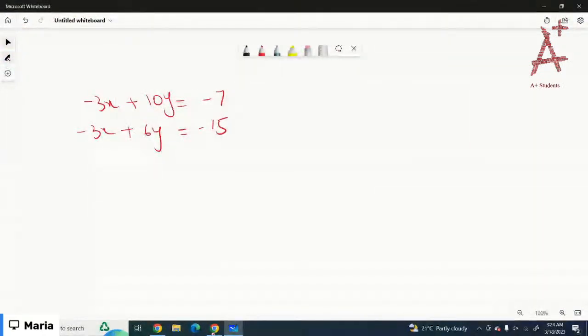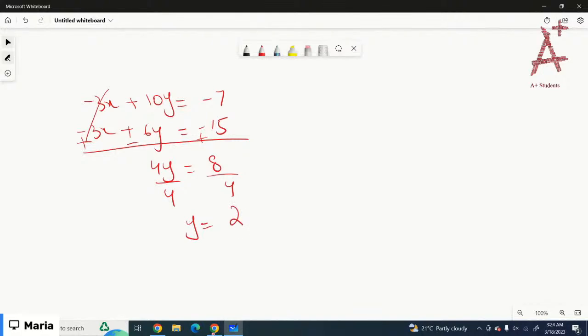So variable x has the same values, but when added it makes negative 6, so we have to subtract both the equations. Got it? It would be 3 minus 3 is 0, 10 minus 6 is 4y, and negative 15 minus negative 7 is 8. It is y equals 2. Got it? Let's just substitute y in any of the equations and calculate the value of x.